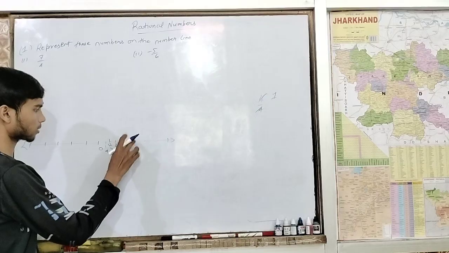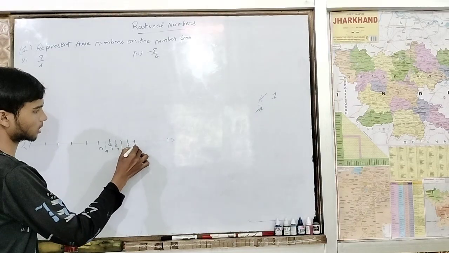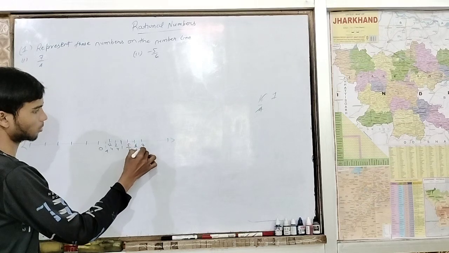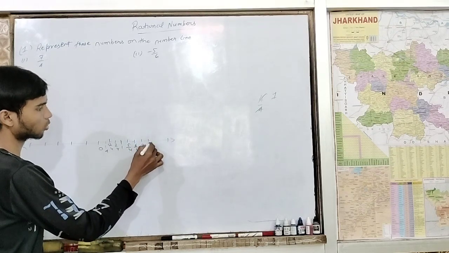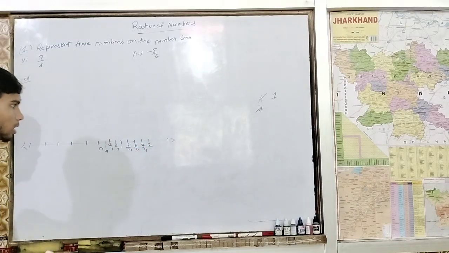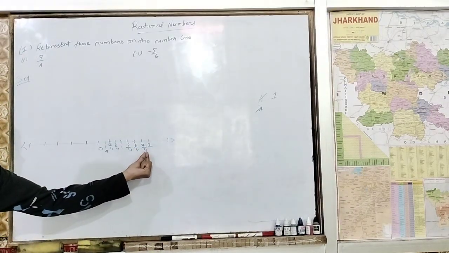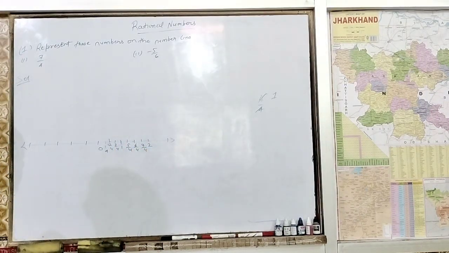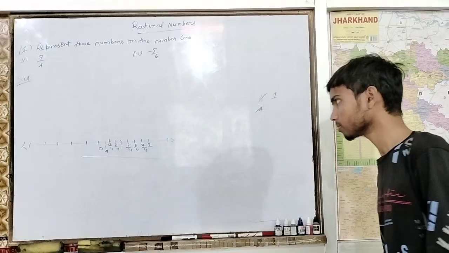Ahead of this will be 5 upon 4, then 6 upon 4, then 7 upon 4, and then 8 upon 4, which will become 2. So this 2 will come over here. We can see our fraction 7 upon 4 is coming over here. That is how you will represent any fraction. That is all.